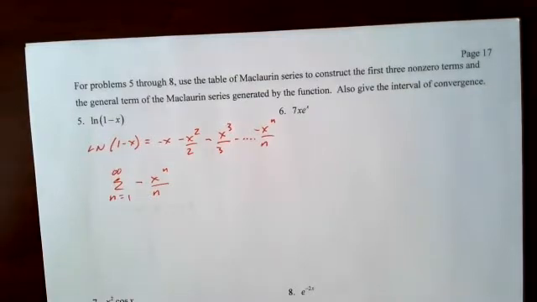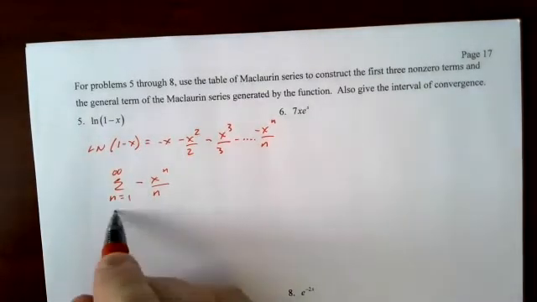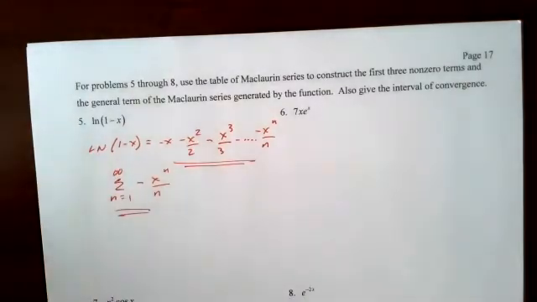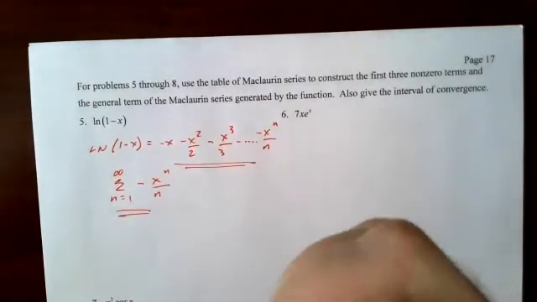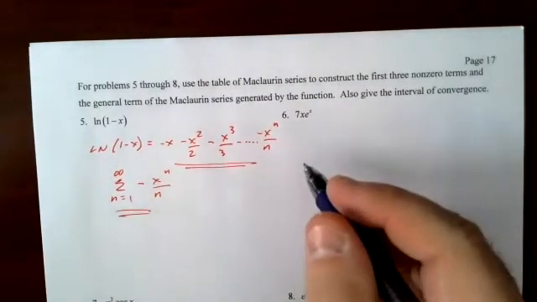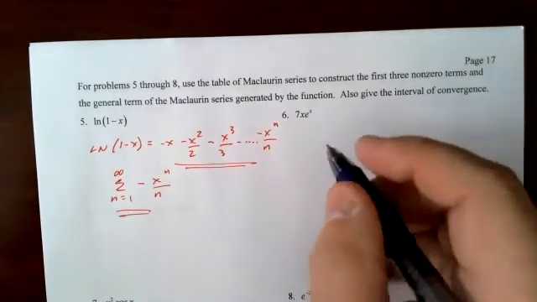And you check it out, you plug in 1, yeah, that works. 7x e to the x means just multiply an extra 7x to the e family.